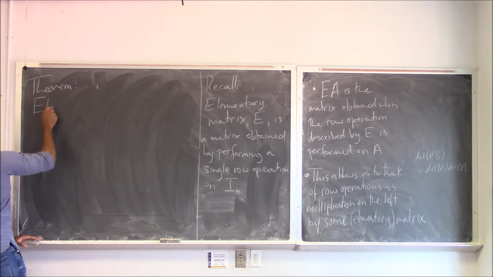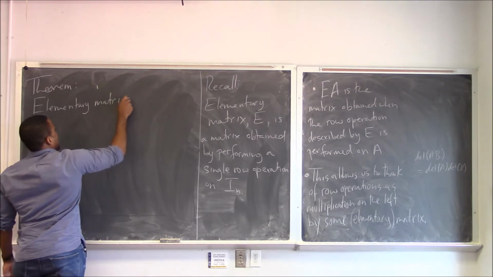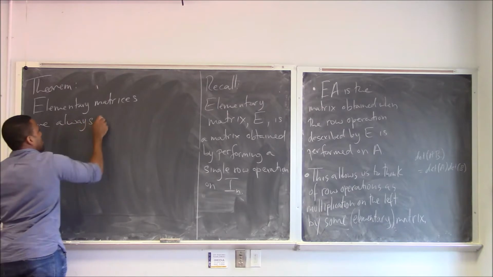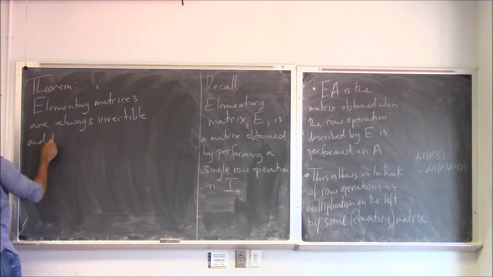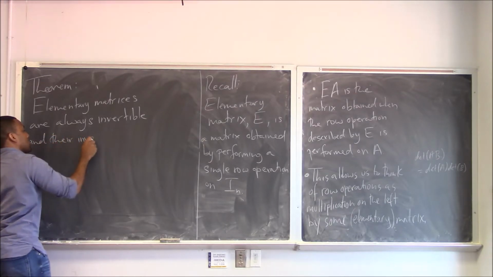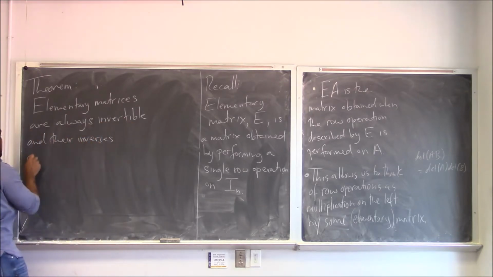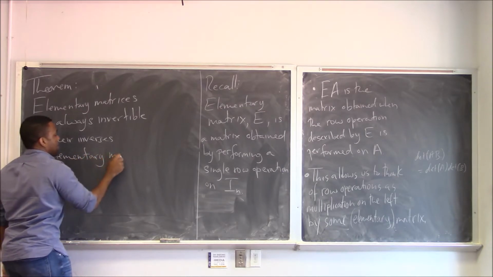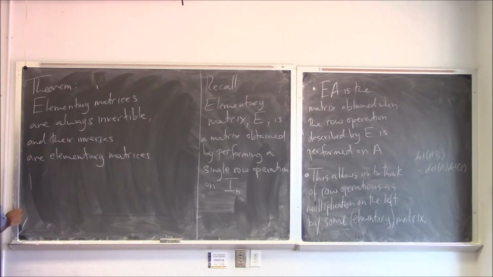Elementary matrices are always invertible, and their inverses are elementary. Proof.